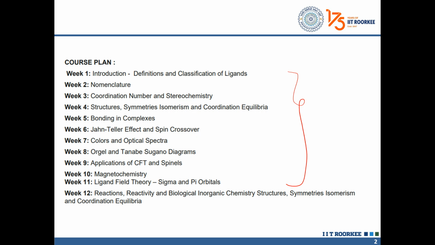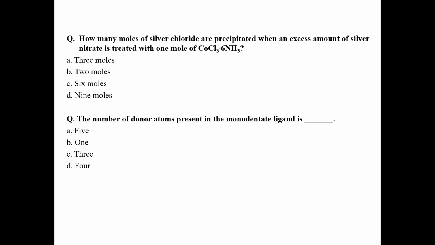I will be discussing the problems from week 1 to week 11, because last Saturday we already discussed the week 12 content, which is basically related to the reactions part and biological part.